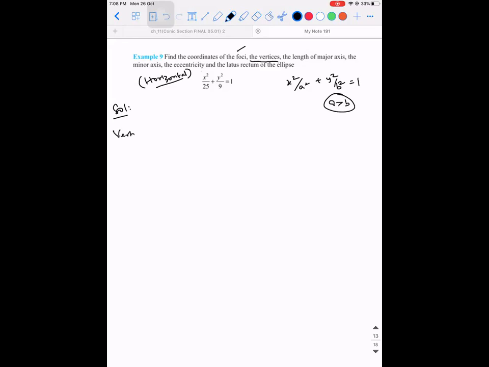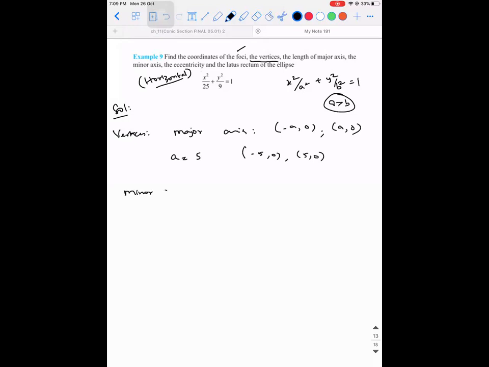So for vertices, coordinates of major axis are minus a comma 0 and a comma 0. What is the value of a, guys? 5. So the coordinates of major axis will be minus 5 comma 0 and 5 comma 0.